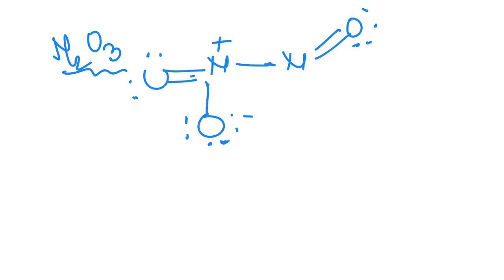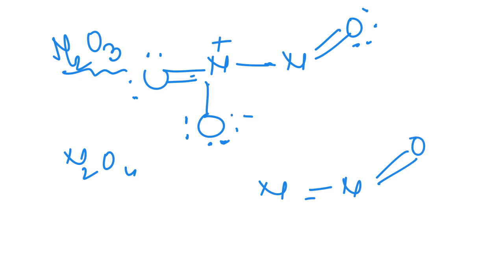Then N2O4: just increase the number of oxygen atoms. Double bond O, single bond O, on each nitrogen. So this will be N2O4.